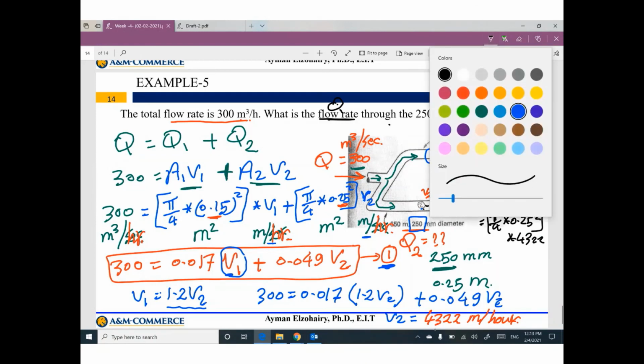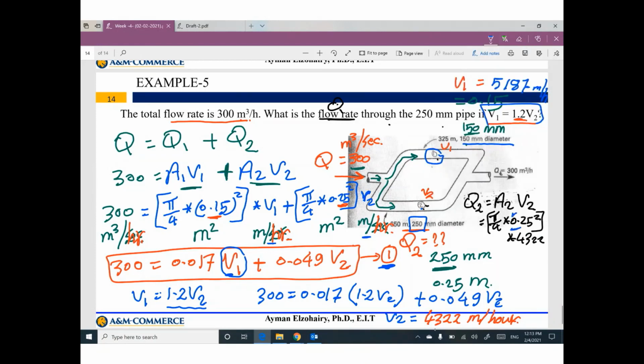Guys, be careful. The area here is in square meter, that's fine. The velocity here is in meter per hour, that's fine. So the final answer will be in cubic meter per hour. I believe this number will be 212 cubic meter per hour.